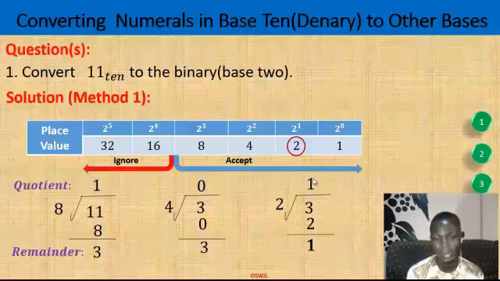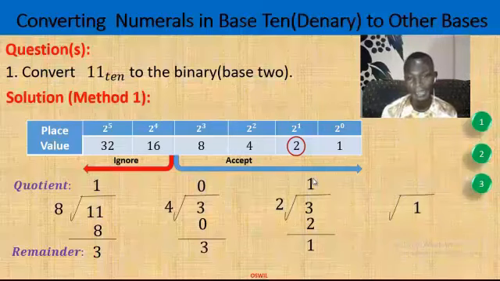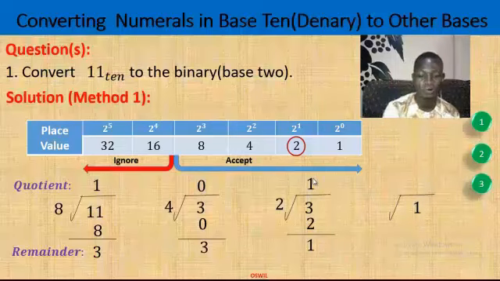So still there is a remainder. Then we draw the root sign again and write 1, the remainder, inside the root. It is left with our last place value, which is 1.